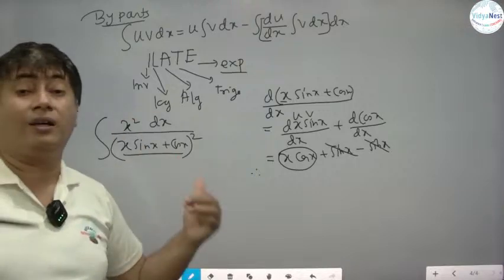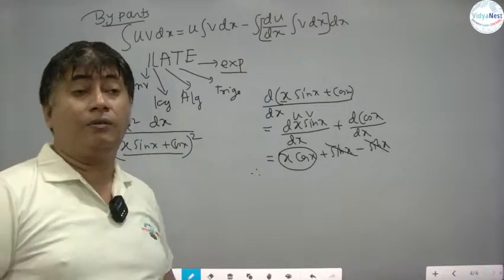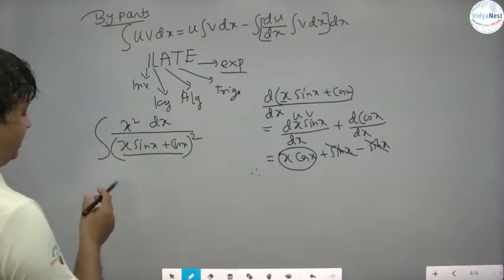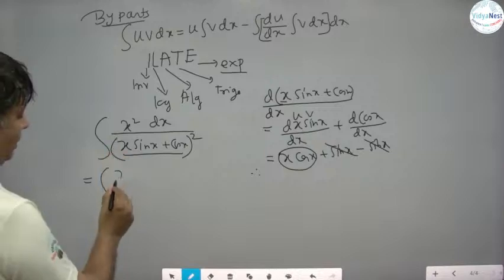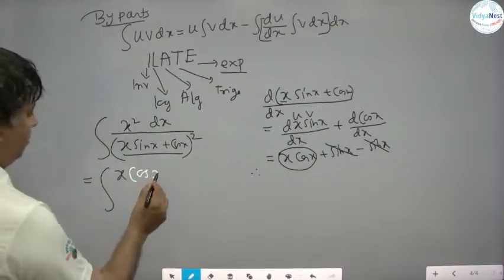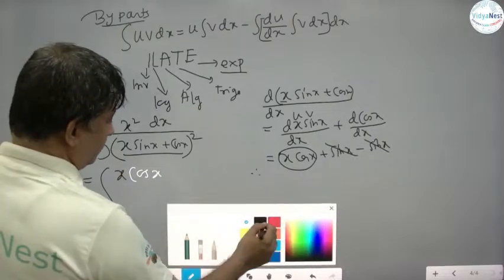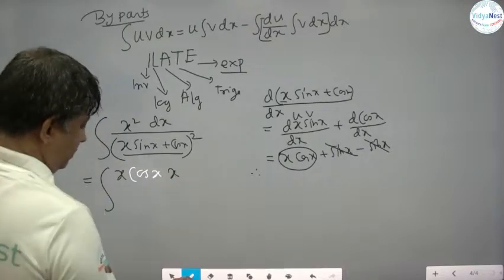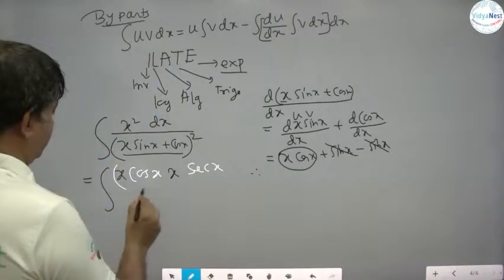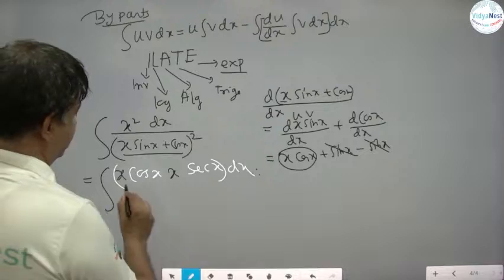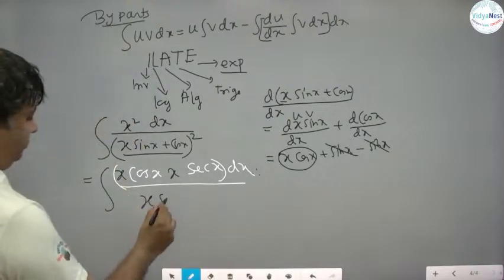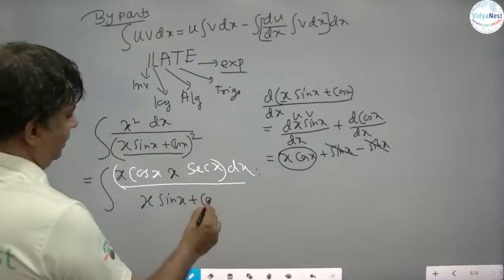Clue is not given in the question, but somehow you have extracted it from the sum. So how to get that x cos x as one of the terms? You write x cos x into x sec x dx by x sin x plus cos x whole square.